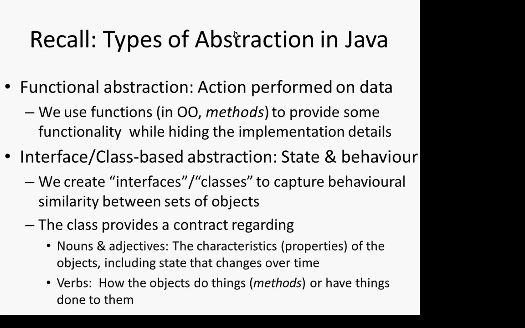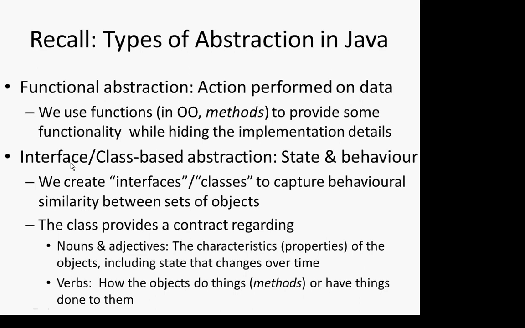Another type that we'll be focusing on more in these lectures will be class-based abstraction or interface-based abstraction, okay? Here we're capturing, like in a class, state, the current situation of an object, the current values of it that it maintains, and behavior, so we can wrap up methods with it, okay?